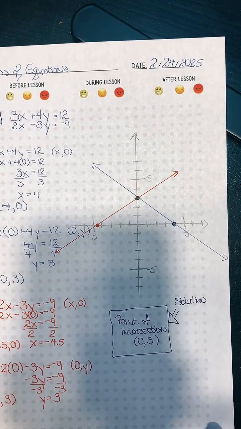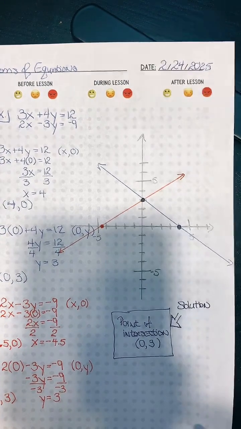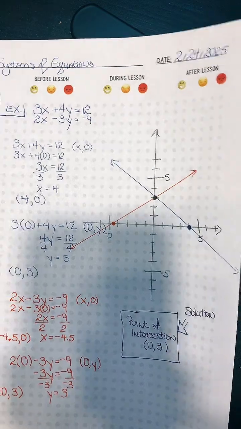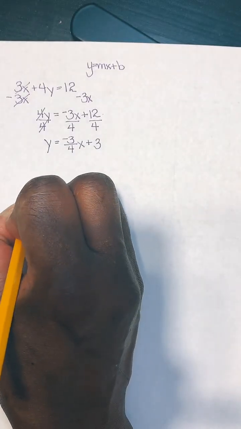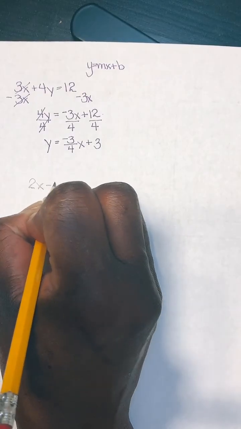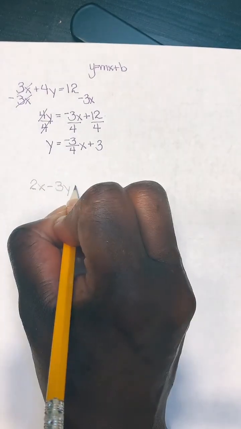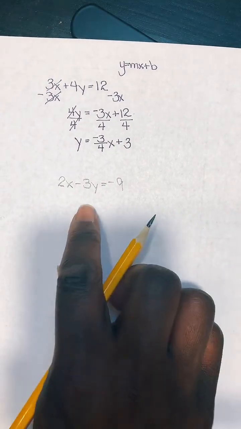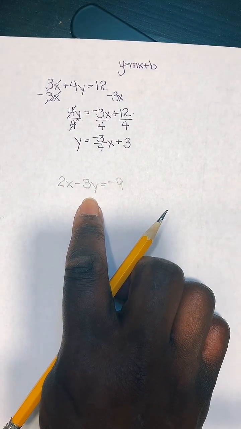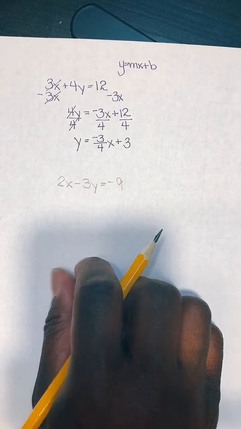All right. If you don't believe me, let me take the other equation. So 2x minus 3y equals -9. If I wanted to solve that one, I have my 2x minus 3y equals -9. So I want to solve my equation for y.